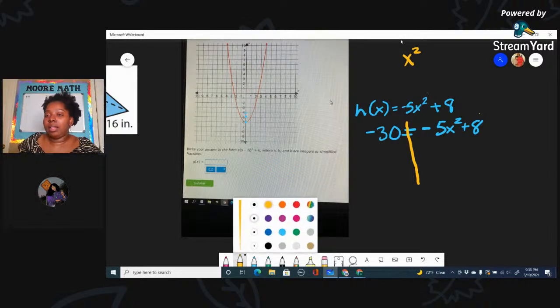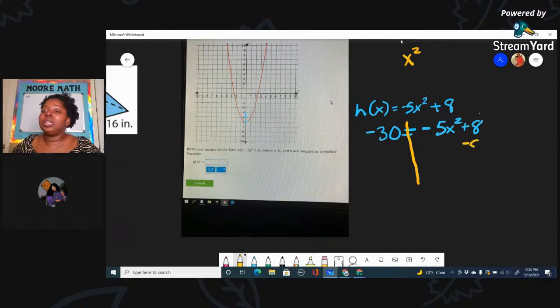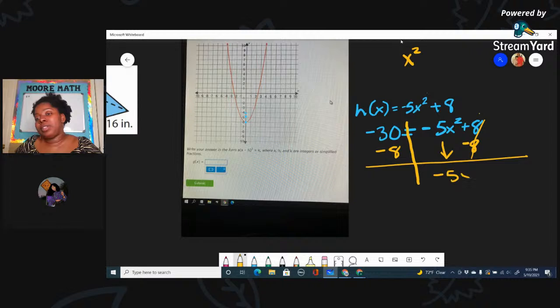Multiplying? So again, what's the opposite of addition? So to get rid of addition, good. So to get rid of addition, you have to subtract. Okay. Now we have negative 5x squared. Okay. Do you know negative 30 minus 8? Let me take out my calculator. You said negative 30 minus 8?